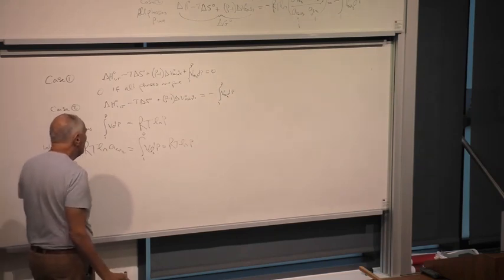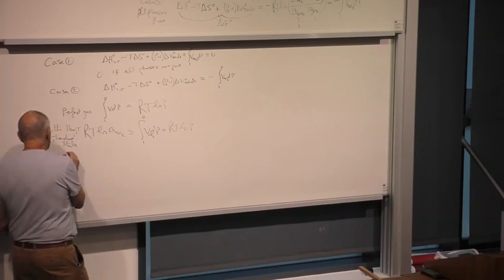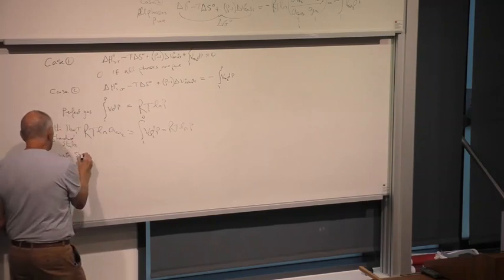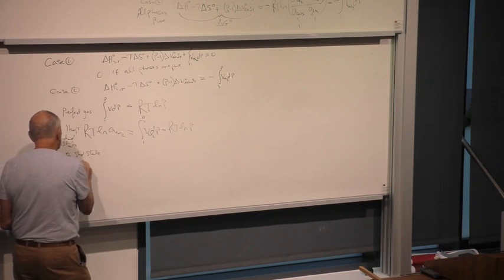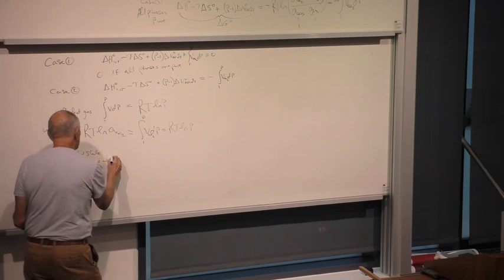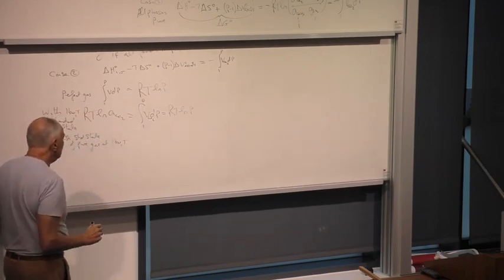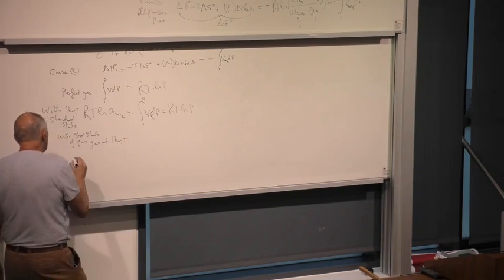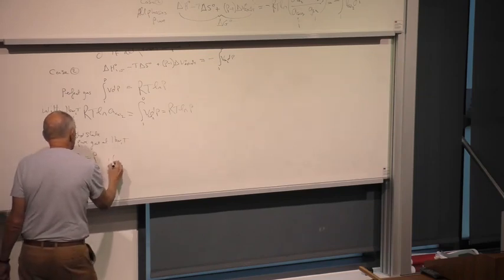So if we use a standard state of pure gas at 1 bar and T, A equals P if it's a perfect gas.